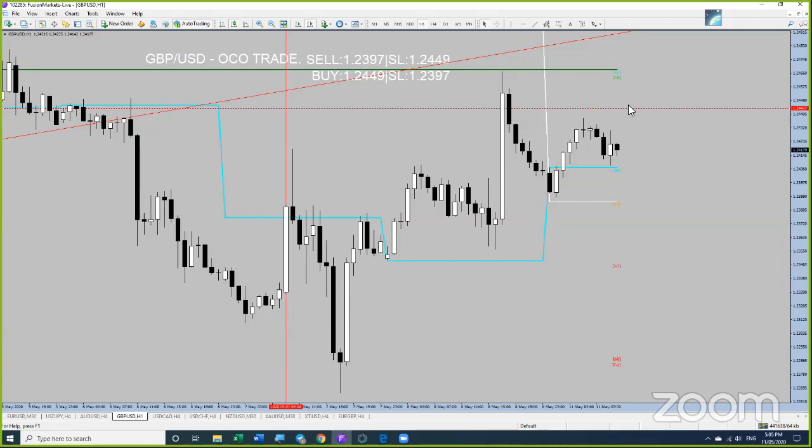Yep, which is bang on that number, isn't it? Right there. And that's our long entry. Our short entry is at 1.2397, which is 10 pips below the low of the range of those 3 bars. So there's your entry for the long, and there's your stop loss for the long, there's your entry for the short, and there's your stop loss for the short.